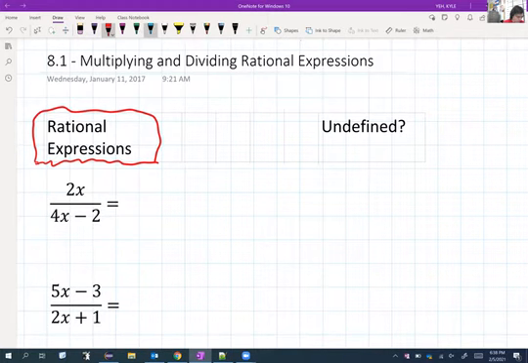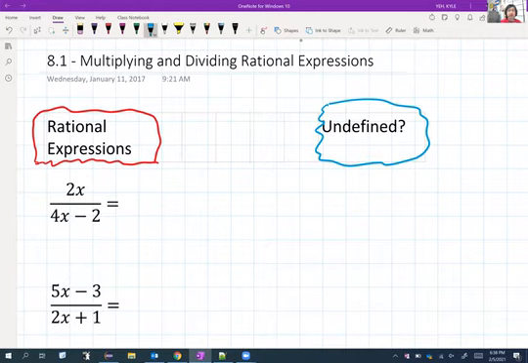Now, one of the things you're going to need to know for a bunch of this chapter, graphing and solving, is where is this rational expression undefined? Where does it not exist? And the good news is we already kind of know how to find that. Undefined is wherever we would be dividing by 0. In chapter 7, we called this restricting the domain.